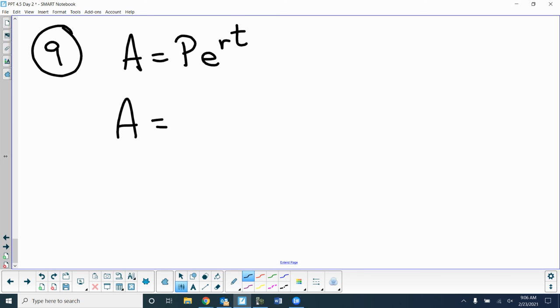That's our principal, the original amount we start with. E to the, what's our rate? 0.105. Remember, move that decimal point 2 places to the left. And our time was 14 years, so times 14.